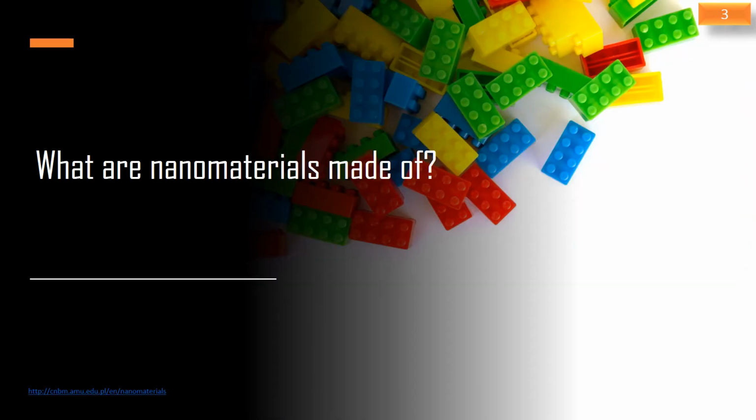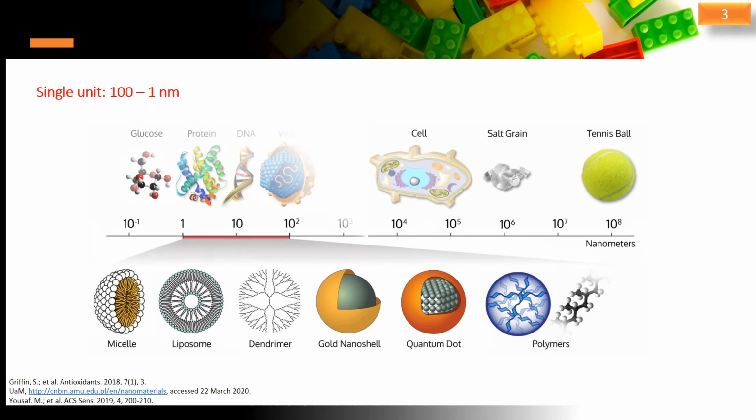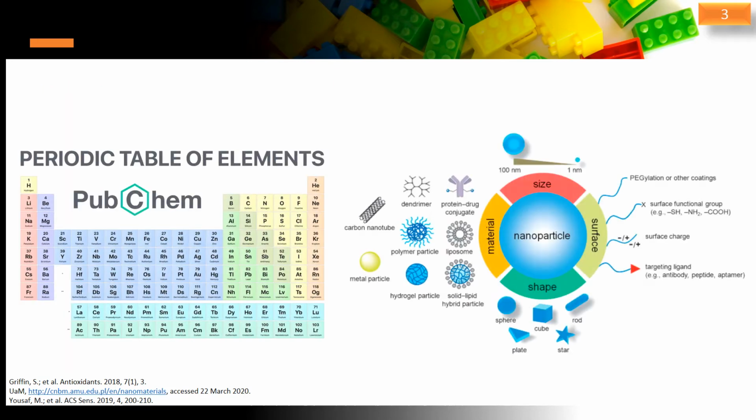So next is, what are nanomaterials made of? To answer that, you just need to know that nanomaterials are limited only by their size, being that a single unit is defined as anywhere from 100 to 1 nanometers. That means anything else, such as what they are made up of, their shape, their surface modification, can be varied drastically.